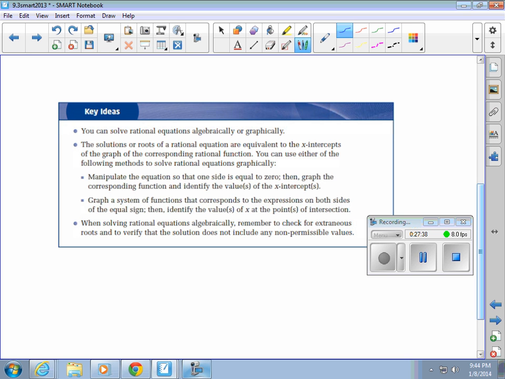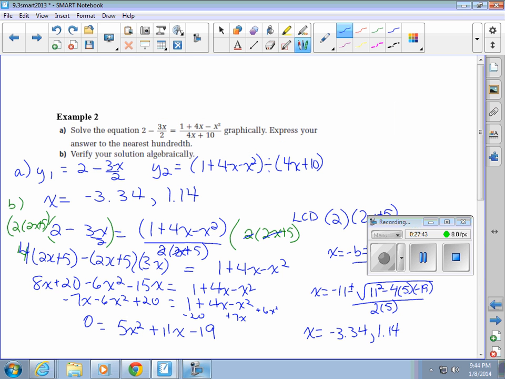What I could have done too, and I didn't do it in the other examples because it's just easier with your graphing calculators to do y1, y2, is move everything over to one side so that I just had y equals. Then instead of the x-intercept, I would look for the other one on there.